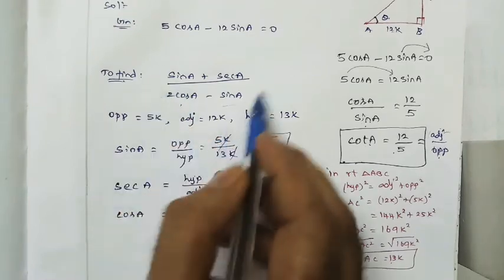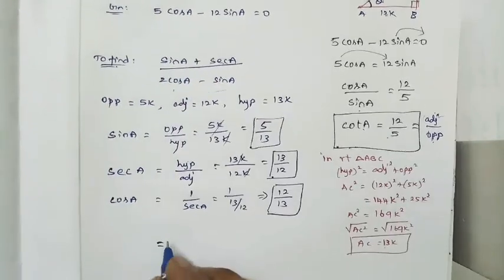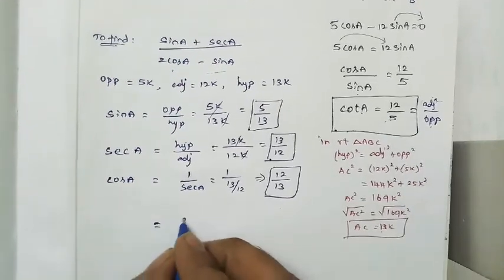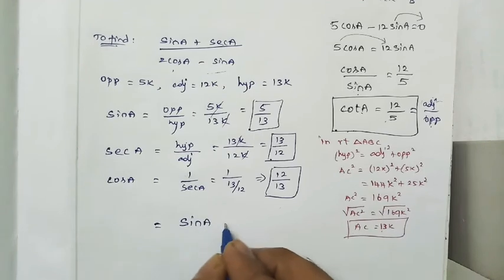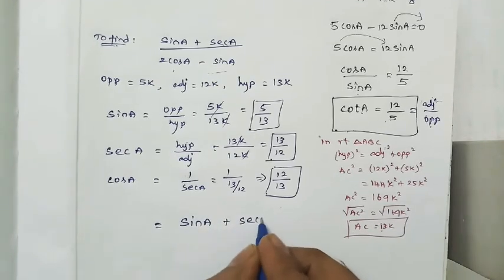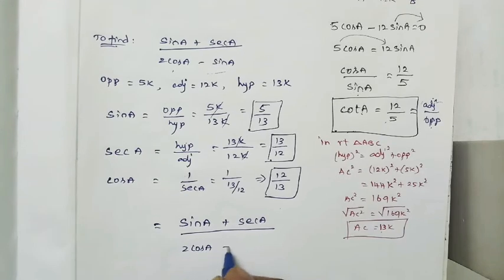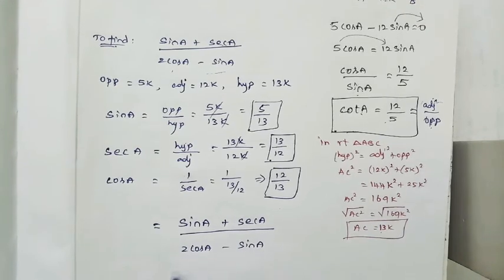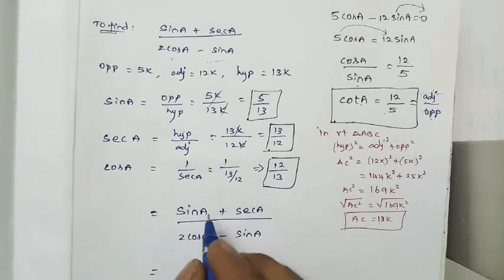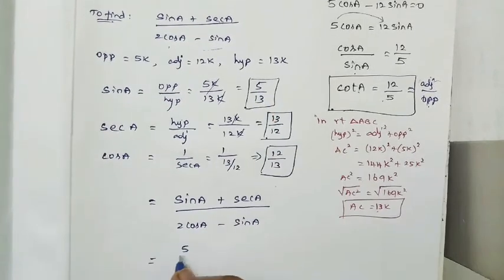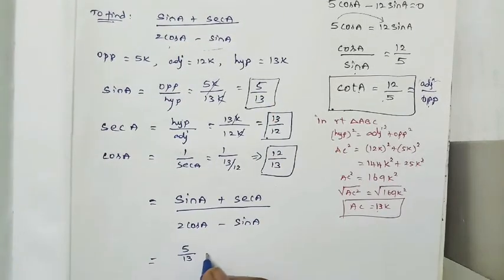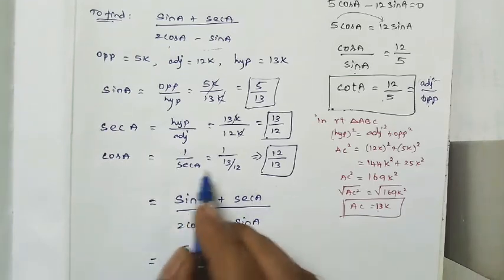Next, what we want to find is sin A plus sec A divided by 2 cos A minus sin A. So substitute the value. What is the value of sin A? 5 divided by 13 plus sec A. What is sec A?